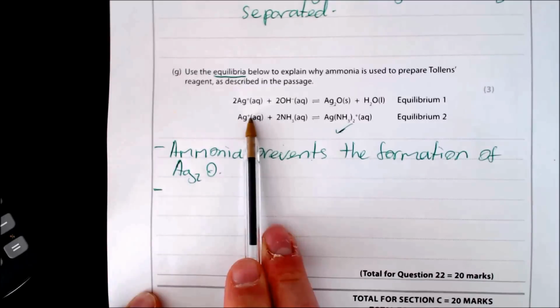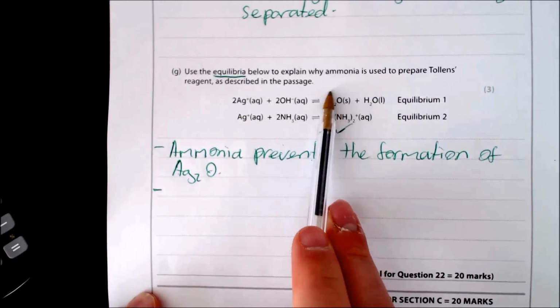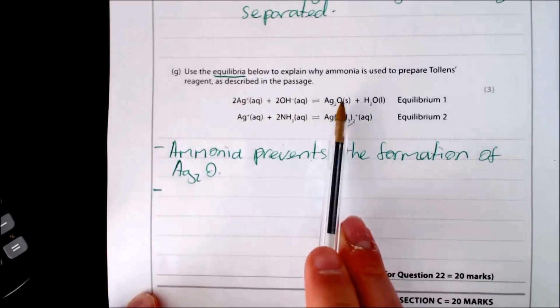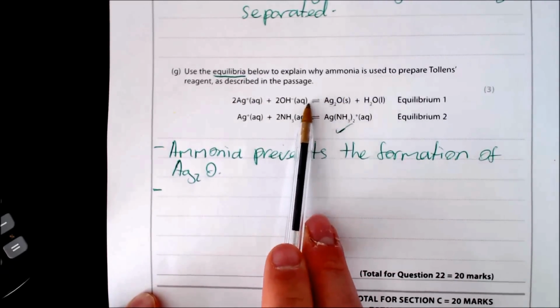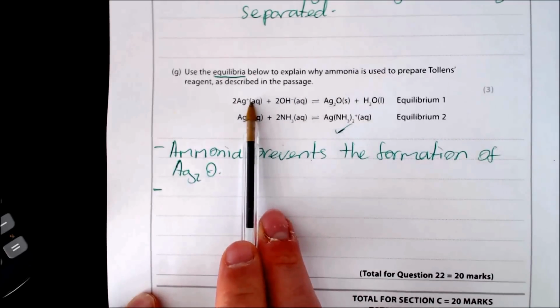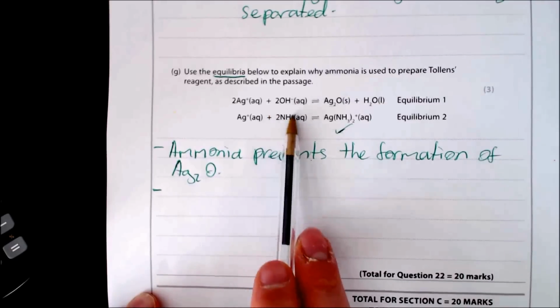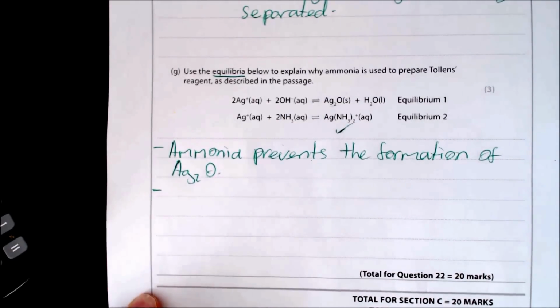And obviously, when we decrease the amount of Ag+, this will shift this equilibrium to the left. So therefore, we get less of this. So by decreasing the Ag+, the reaction will shift to the left in this top reaction here to replace the Ag+ that's been used up because we've increased the amount of ammonia. So it's all kind of like having a knock-on effect.